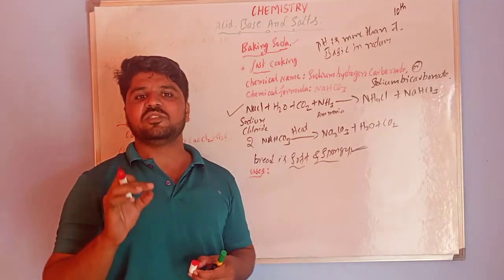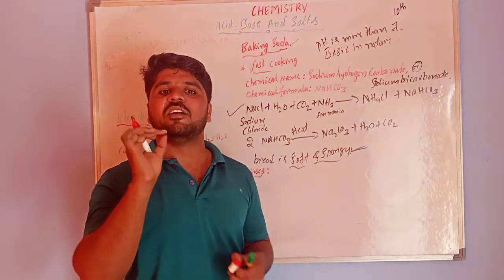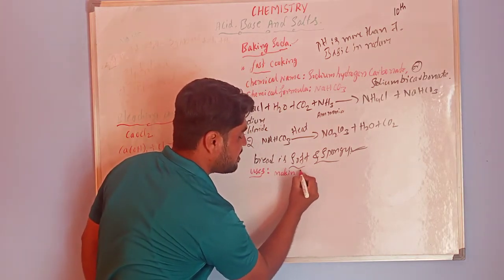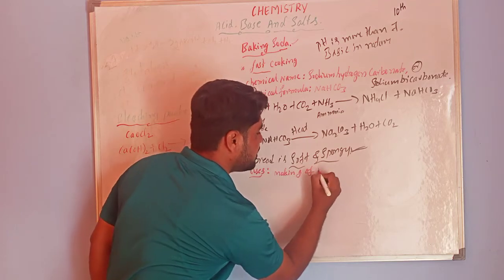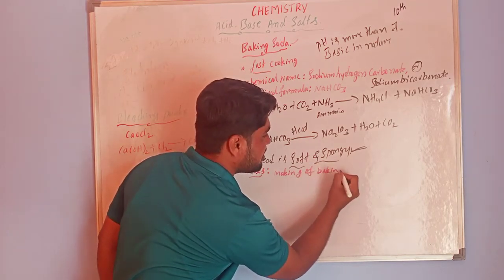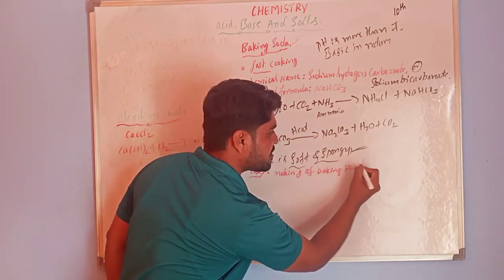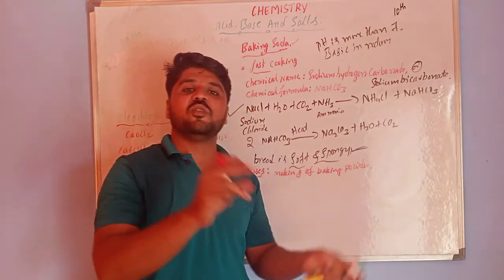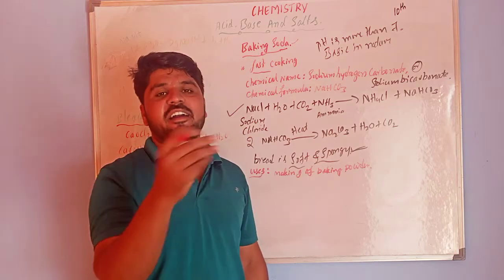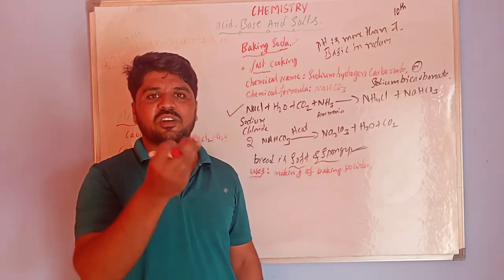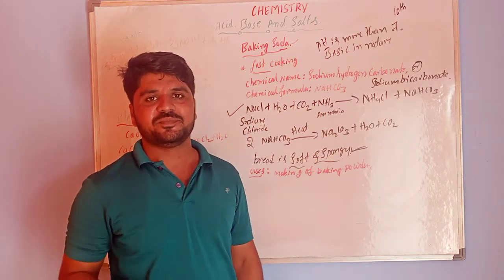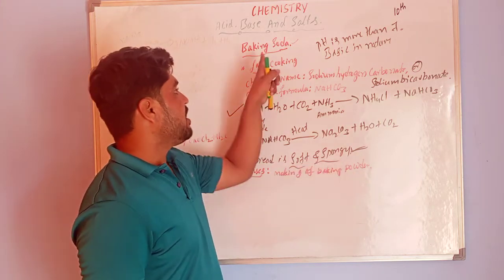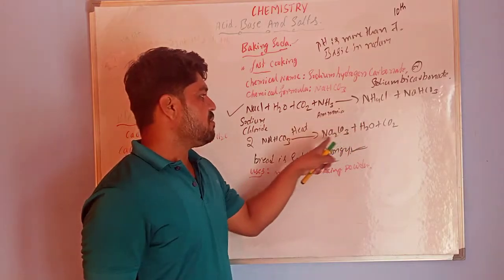So the very first use is making of baking powder. If you observe the baking soda in your homes, it occurs as a powder or crystalline powder. Okay? So at the time of making baking powder, we have to use the sodium bicarbonate.